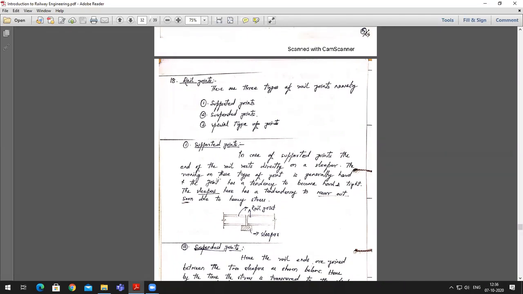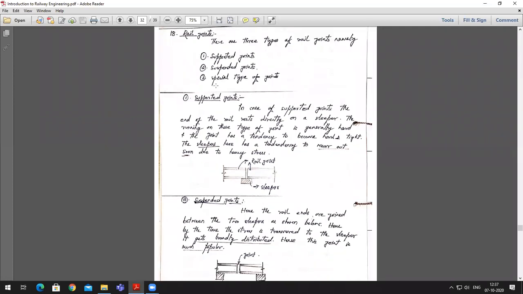One is supported joints, second is the suspended joint, and the third category is the special type of joints. Depending upon the way the joint is placed along the railway track, you have these different types of joints. Now let's talk about the first one, the supported joint.